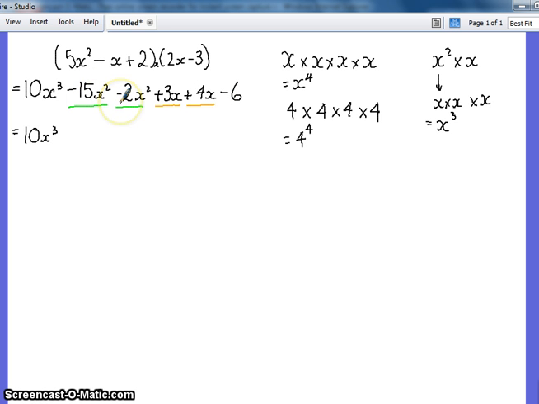Negative 15x squared take 2x squared is minus 17x squared. Plus 7x, good. Take 6 remains the same. We can't simplify that any further.